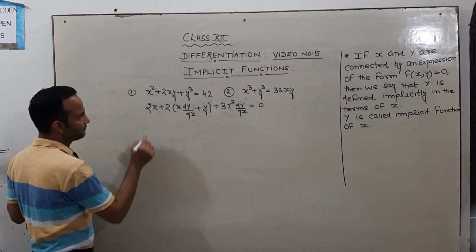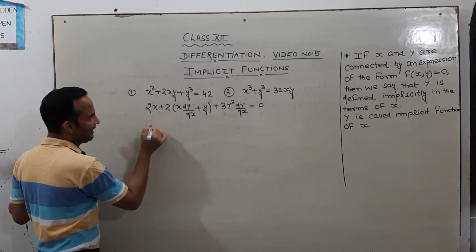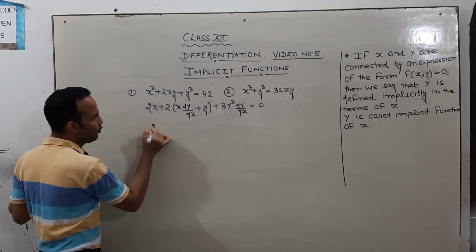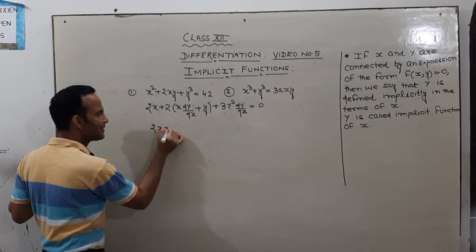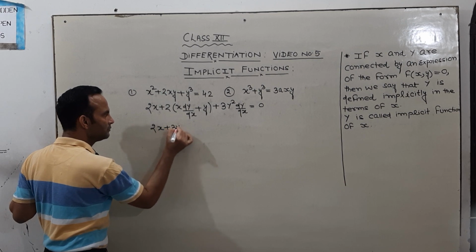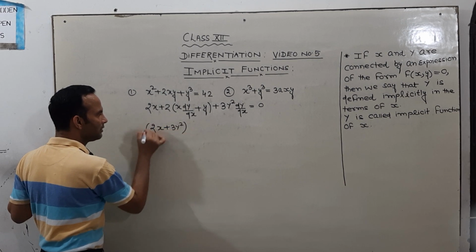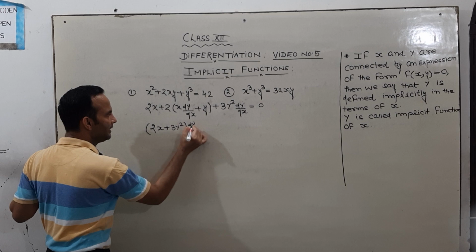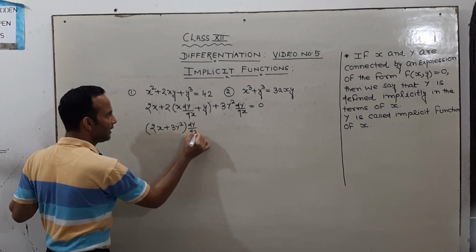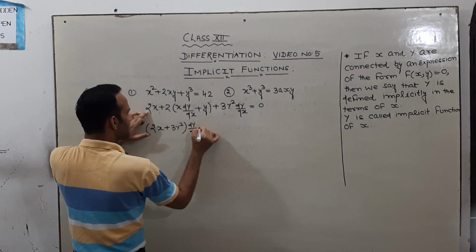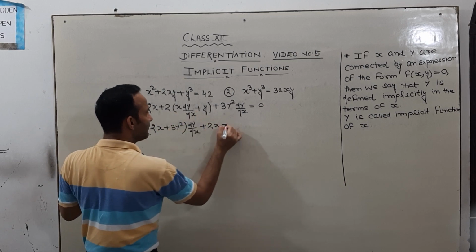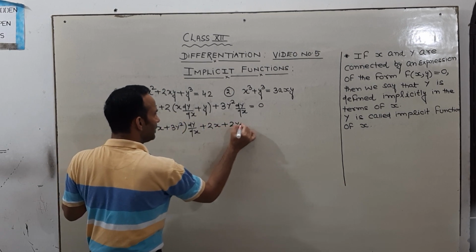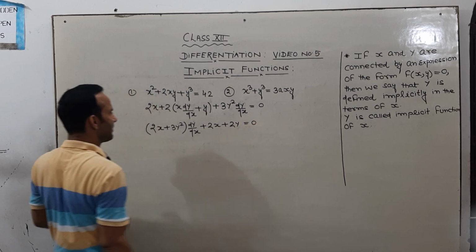Now see, we can write it as 2x and here 3y square. Common is what? dy over dx. Okay. Plus 2x plus 2y is equal to 0.